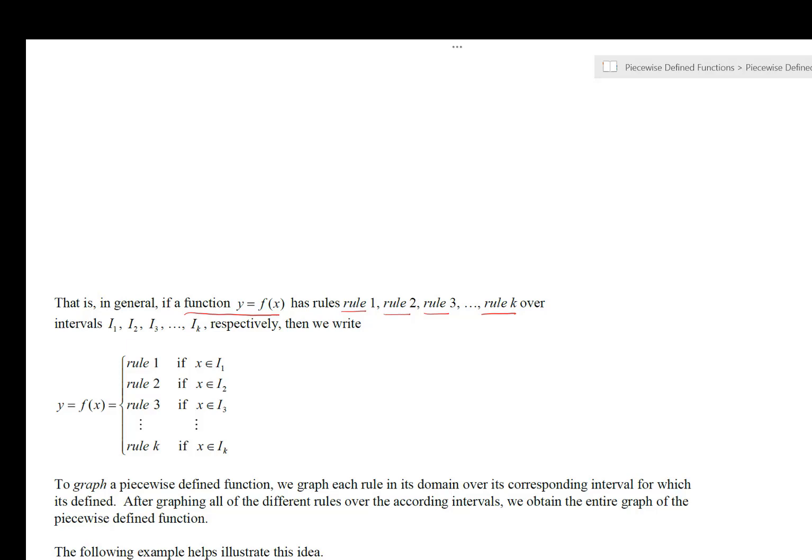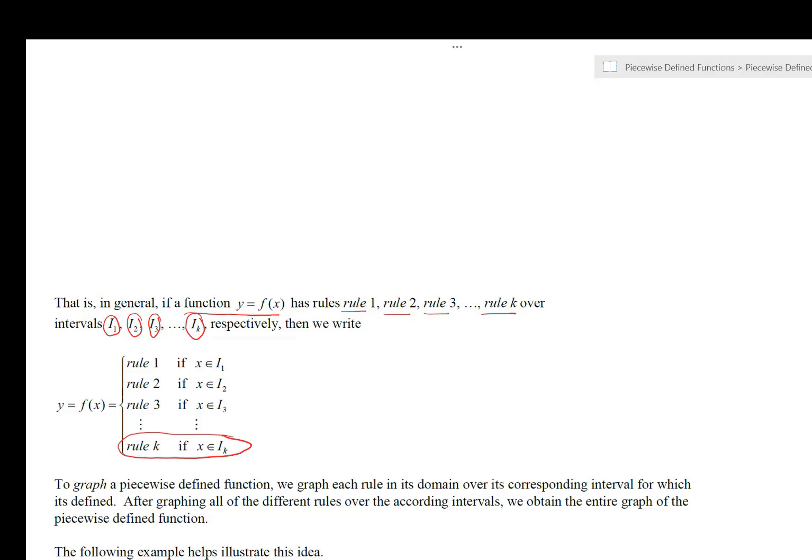And those are defined on different values of x's, different intervals, which we're going to correspondingly call I1, I2, I3, and so on all the way to Ik, such that the first interval I1 corresponds to the first rule, rule 1, and the second rule corresponds to I2, and all the way down to rule k corresponds to some interval of x's, I sub k.